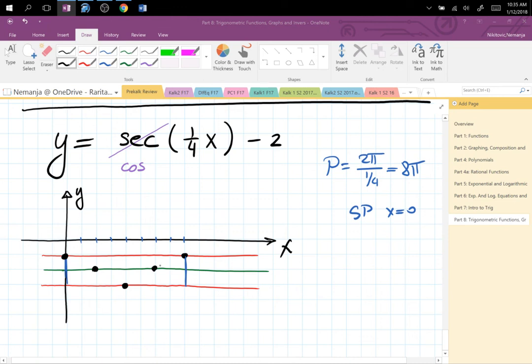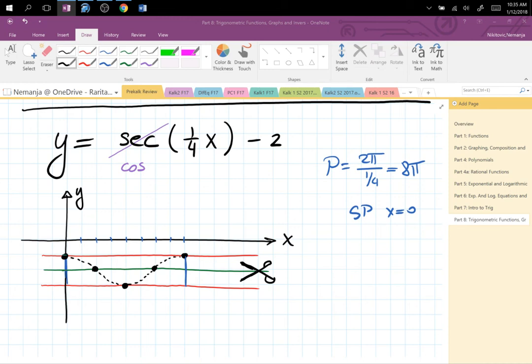I'm going to draw these guys dashed because this is not the graph we want. This is the cosine graph. We want secant graph. Now that I have my cosine graph as a guide, I am going to take scissors and cut along the x axis, in this case green axis, and you just flip the stuff out.